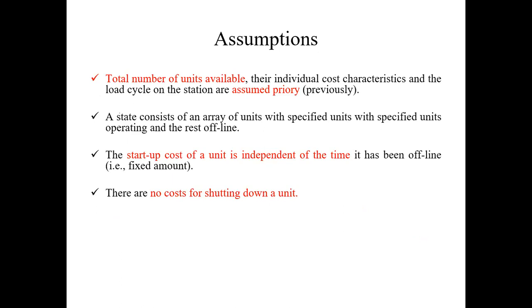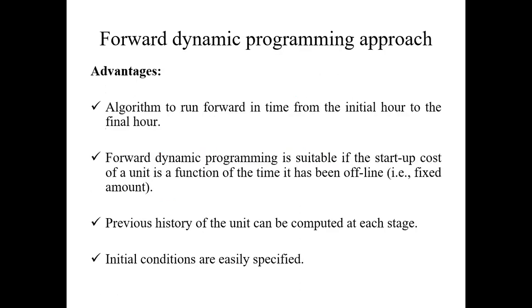And the third assumption is that there will be no cost for shutting down a unit. If we have committed a number of units, there should be no cost for shutting them down. We must calculate the amount only for the units which are operating, for calculating the unit commitment answers. Coming to advantages, there are several advantages.